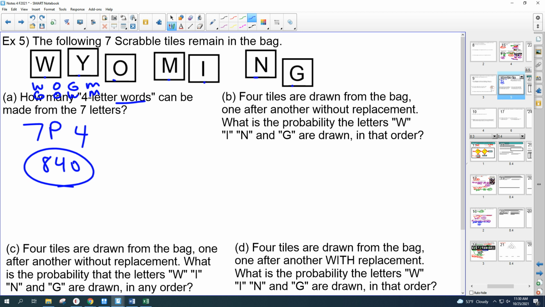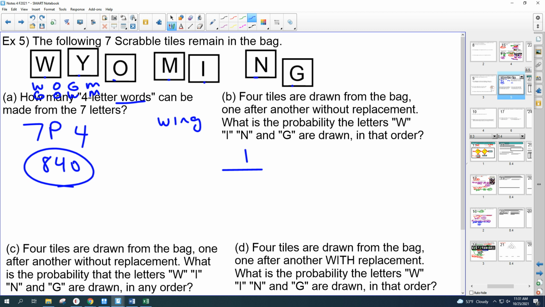Part B says 4 tiles are drawn from the bag, one after another without replacement. What's the probability that the letters W, I, N, G are drawn in that order? So basically you're trying to spell wing, right? You're trying to spell wing. And there's only one way of spelling that word. It has to be pull out a W first, an I second, N third, a G fourth.